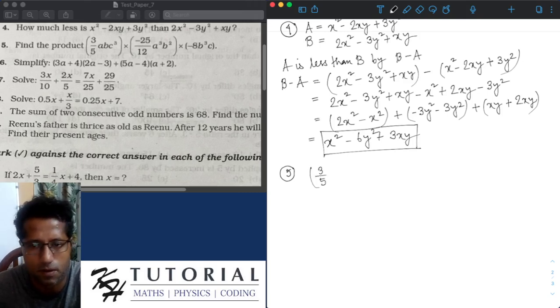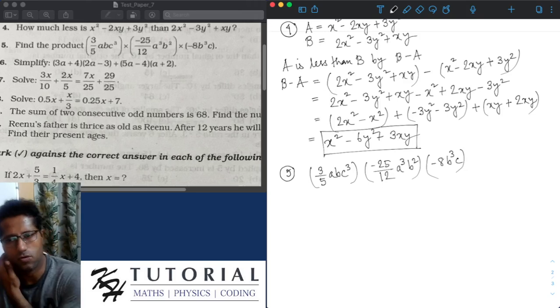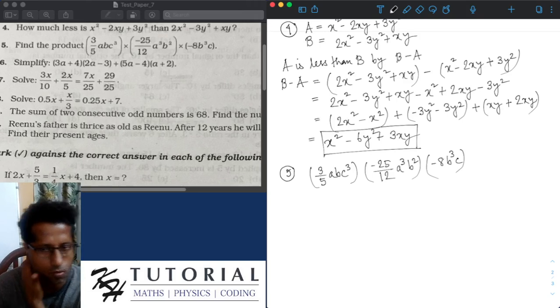The first one is 3 by 5 abc cube. The second one is minus 25 by 12 a cube b square, and the third one is minus 8 b cube c.